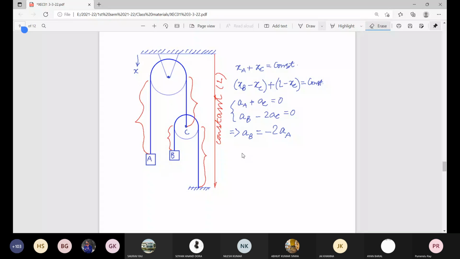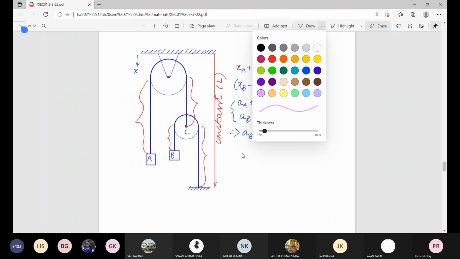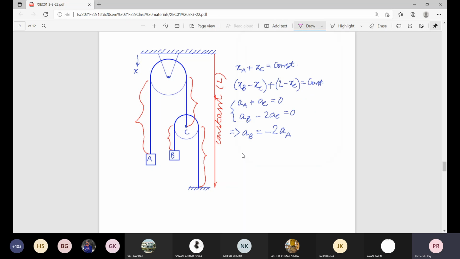One is this part, and the next one is this part. Now this length is constant, this length is also constant. Only the location for A and the location for C, these two are variable.